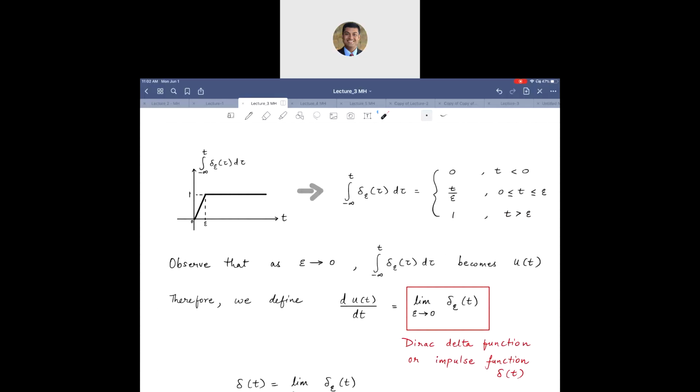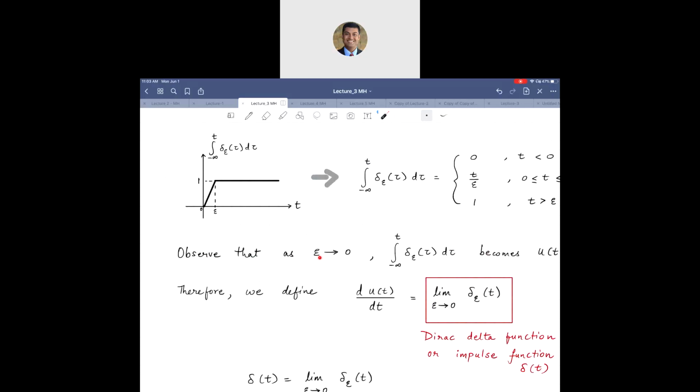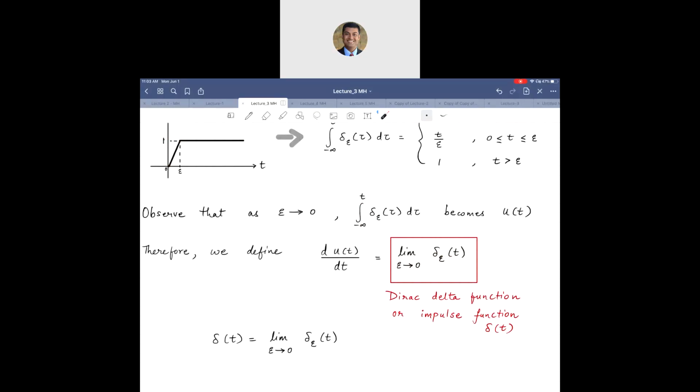Now observe that as you find the limit as epsilon tends to 0, what do you get? You get a unit step. As epsilon tends to 0, the integration of delta sub epsilon will become u of t. It will be 0 and then it will be 1. That is your u of t. Therefore, we can define the derivative of u of t with respect to time as the limit as epsilon tends to 0 of delta sub epsilon of t.